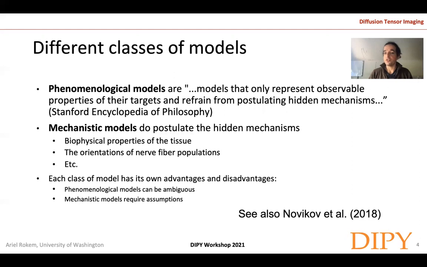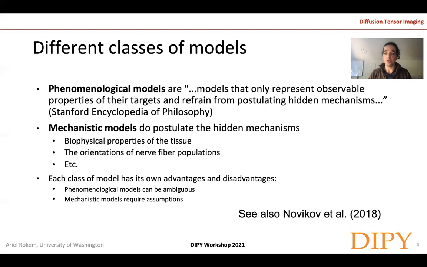Mechanistic models, in contrast, do postulate hidden mechanisms. For example, they might postulate something about the biophysical properties of the tissue or the microstructure within the voxel. They might postulate something about the orientations of nerve fiber populations within a voxel, and so forth. Each class of these models has its own advantages and disadvantages.